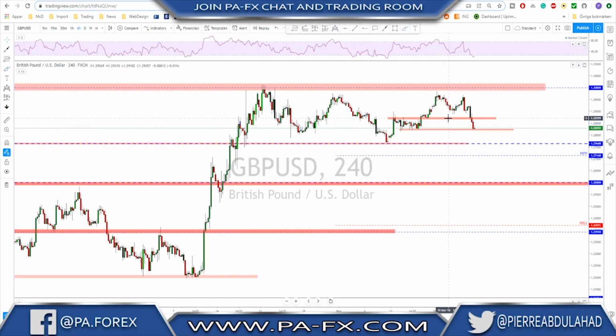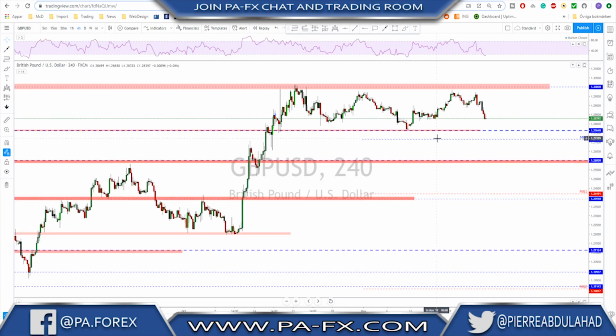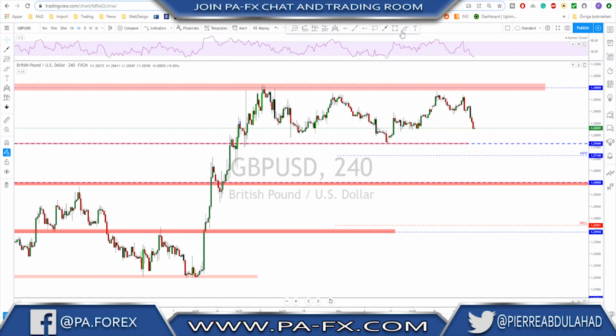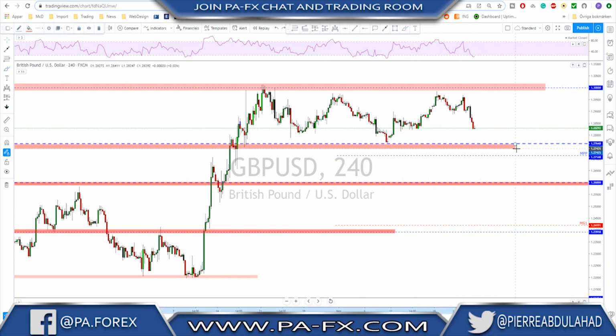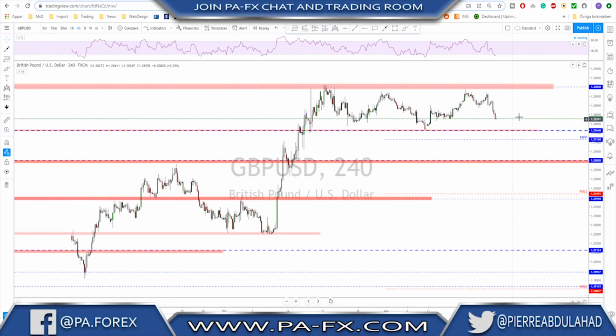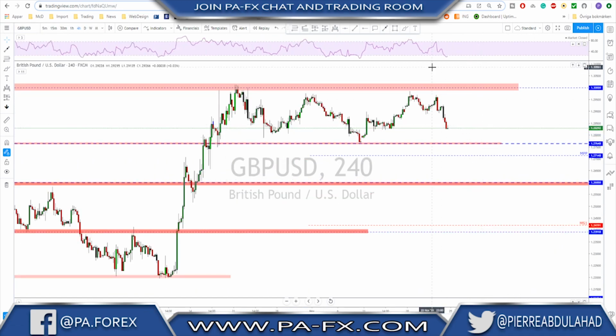So for the sterling, the range here is clear. If we look on the lower time frame, the 4 hour, you see that we are still trading inside this range here. That is what we should be looking to play until we have a breakout of it.